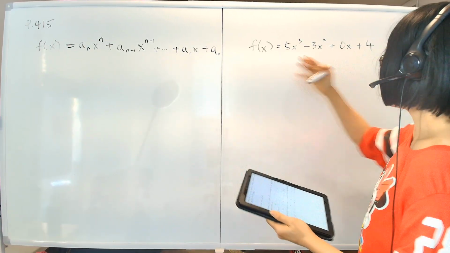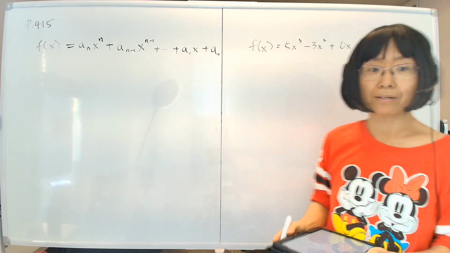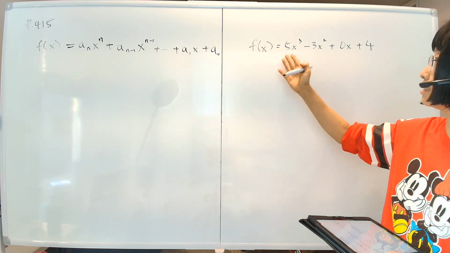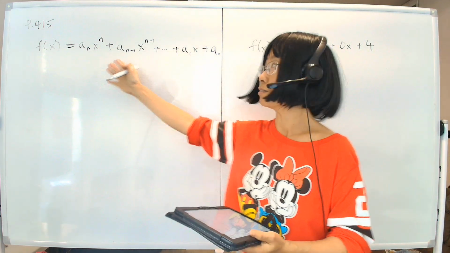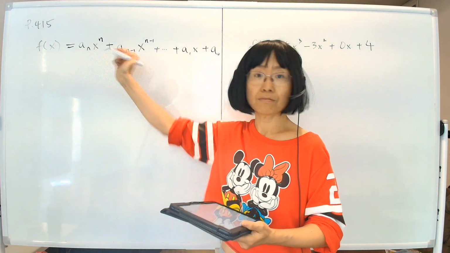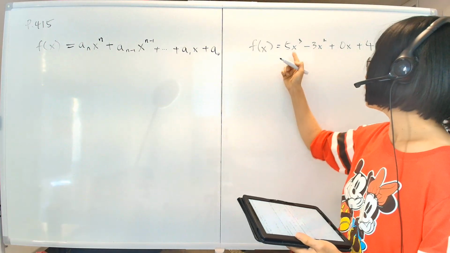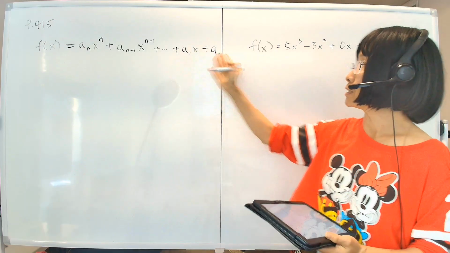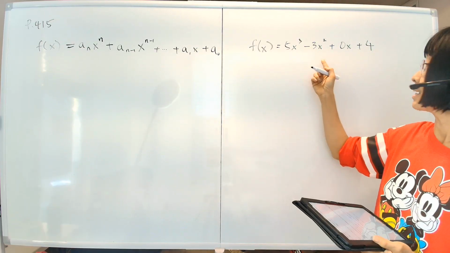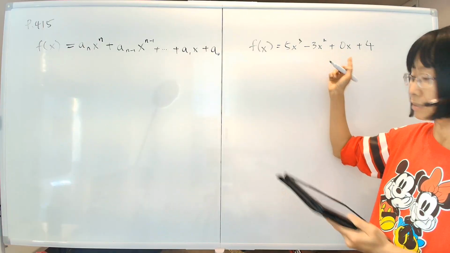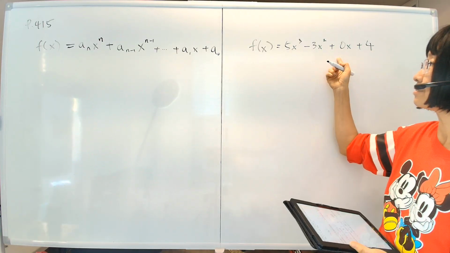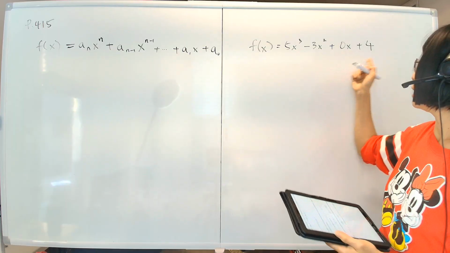So 5 stands for a_n, where n equals 3. Next, a_(n-1) is negative 3, and n minus 1 is 2, and then a_1 is 0, and a_0 is 4.